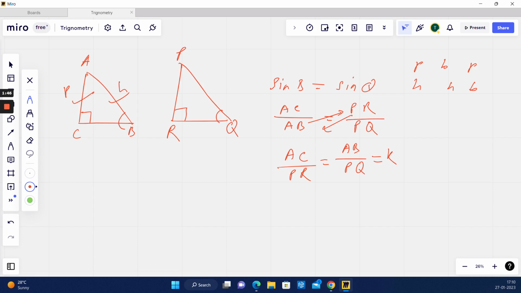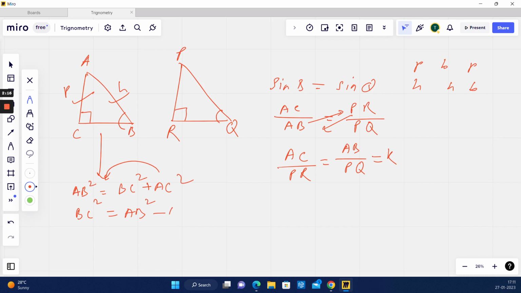Now for this triangle, if we use Pythagoras theorem, AB square equals BC square plus AC square, correct? We know AC, we know AB, we need to find BC. So BC square will be equal to AB square. Let's take AC on the other side.